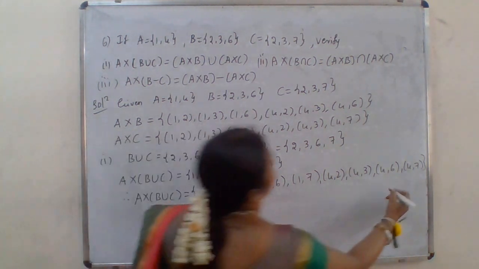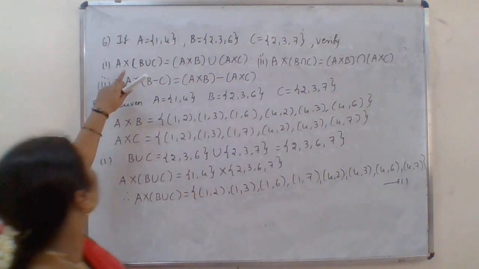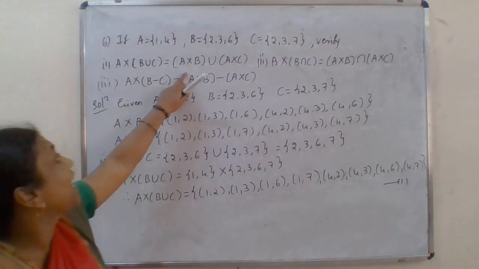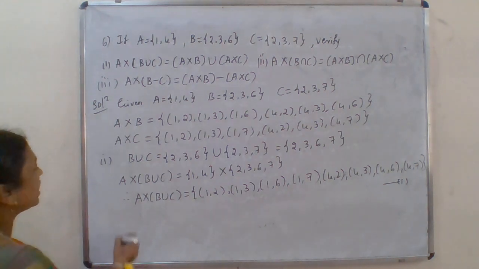Call this equation number 1. This is the LHS of the first question. The RHS is (A × B) ∪ (A × C).